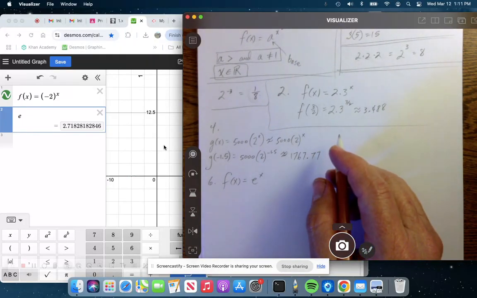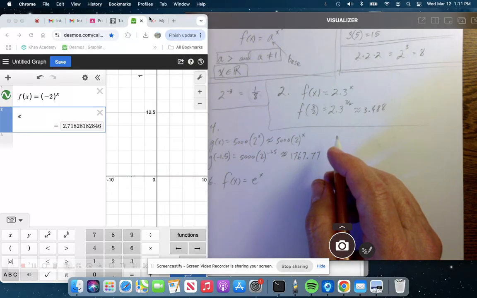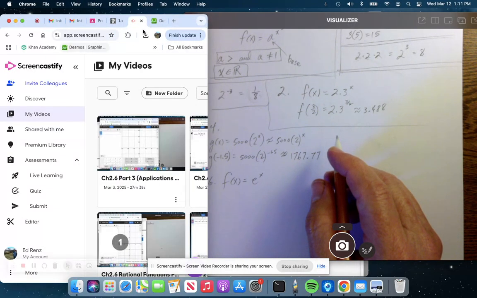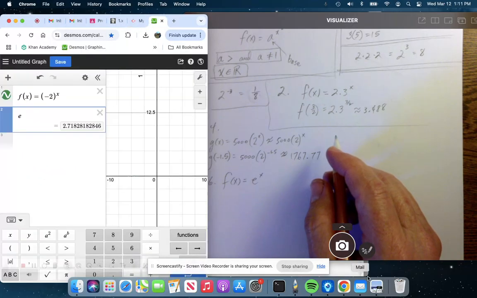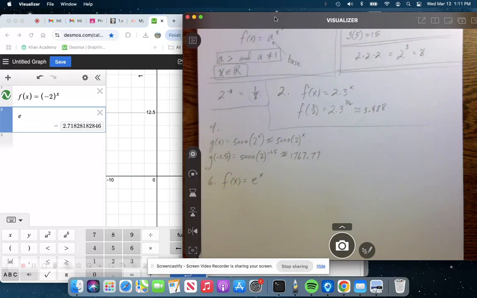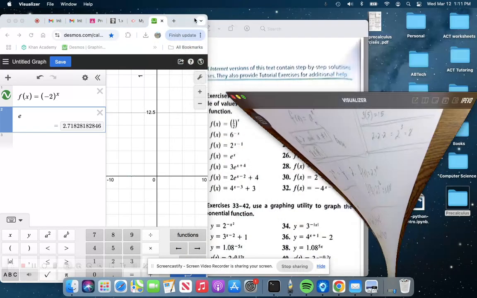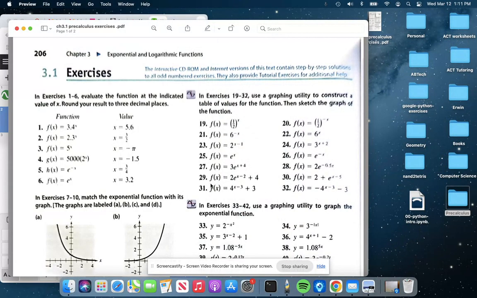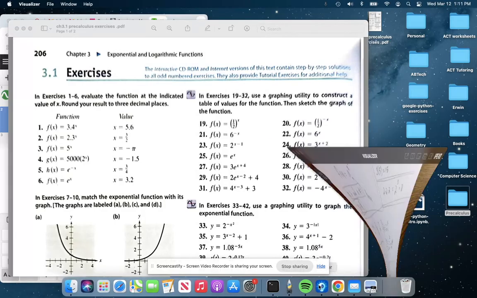But what we're trying to find here is, let's see, what did I do? Hold on. Oh, there it is. Okay, so I'm on number 6. I'm looking for when x is 3.2.